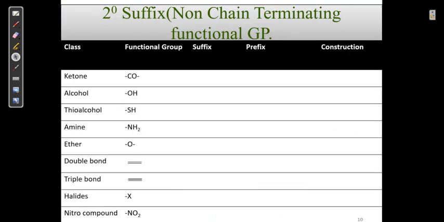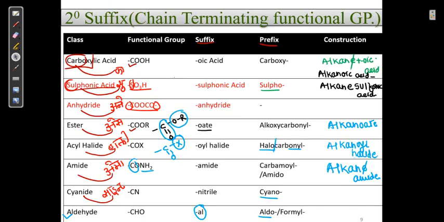This is known as Nai, halo, ithi, emma, thio, alcohol, K, aldehyde. So this is also very important for us.